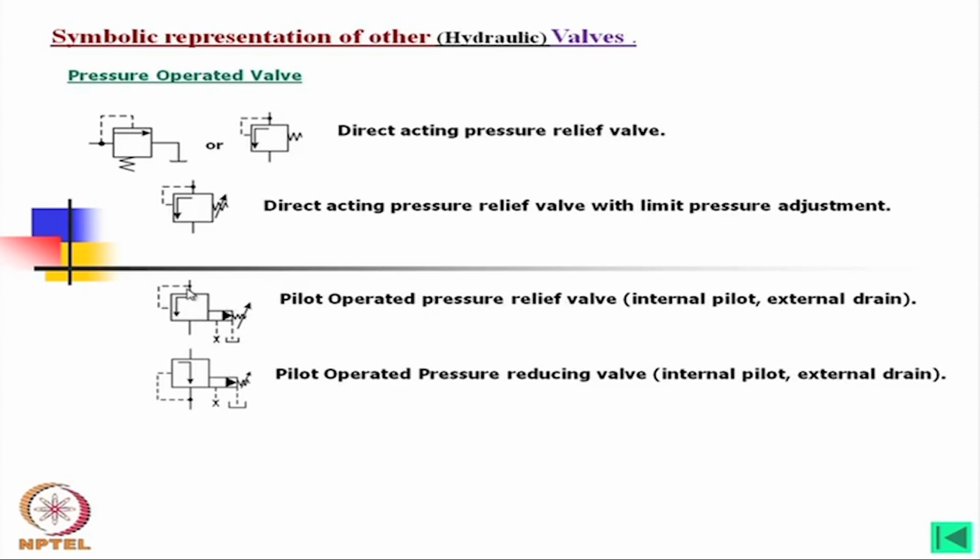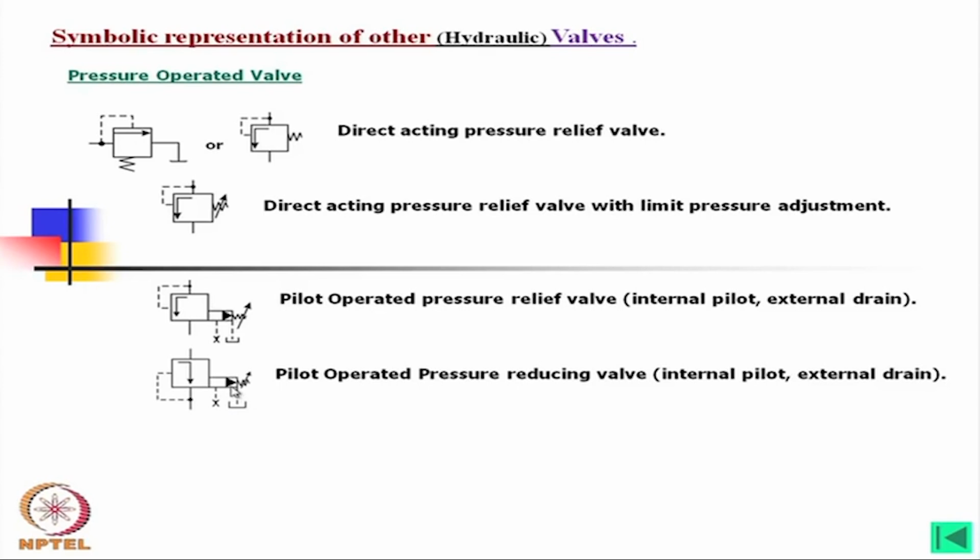In this case what we find is that this is connected to the supply line, the in line, not the output line. So, this signal is coming from the input side and this is used for pressure relief. Whereas, in this case we find that the pilot line is connected to the output side, then definitely this is regulating some pressure here.